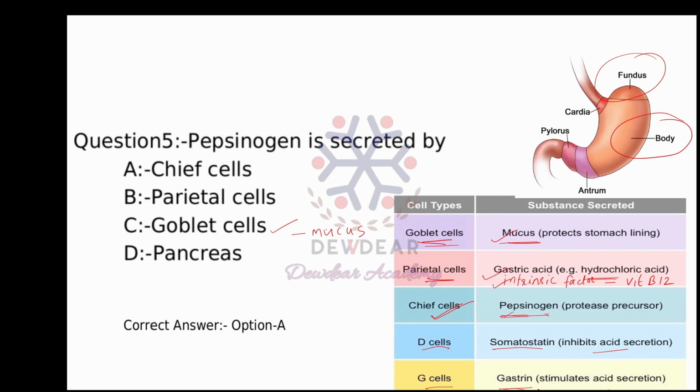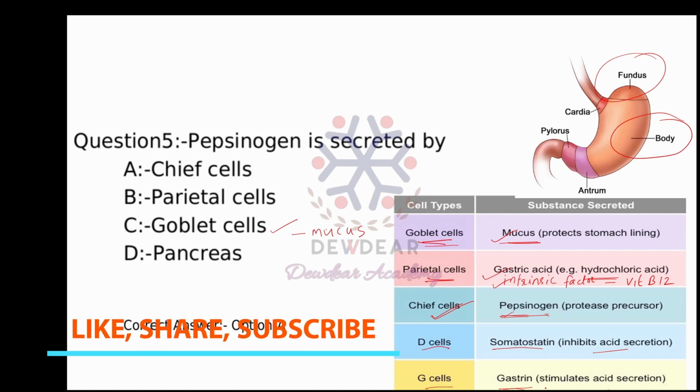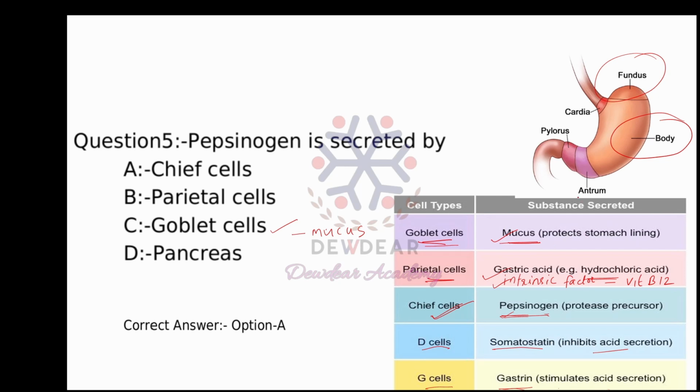G cells are mainly found in the antrum, in the lower part of the stomach, and they secrete the gastrin that helps to stimulate the hydrochloric acid secretion.